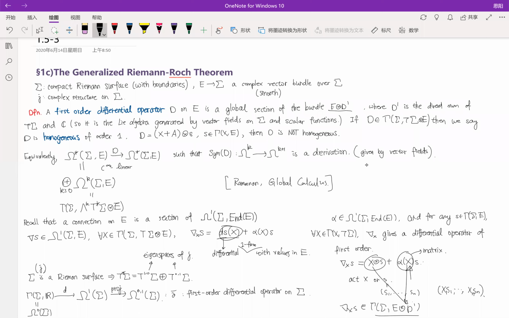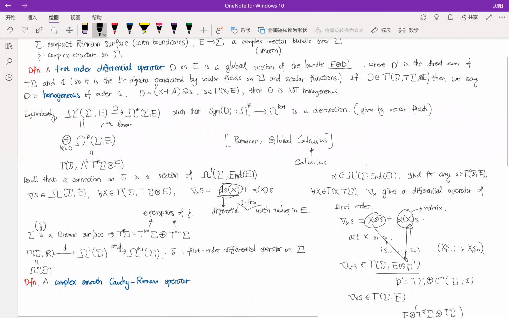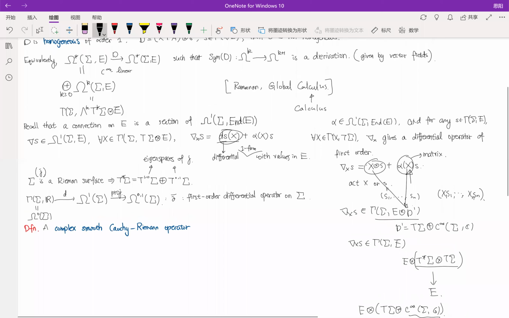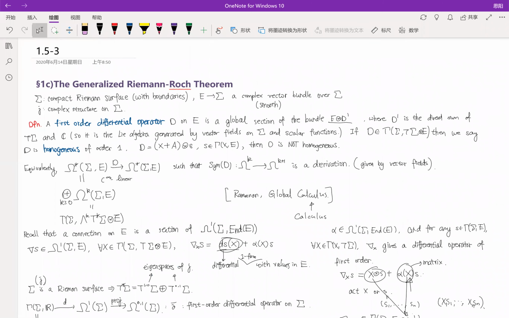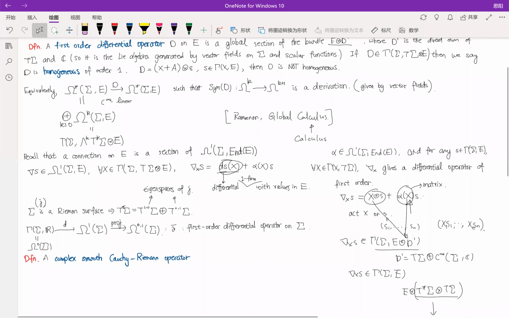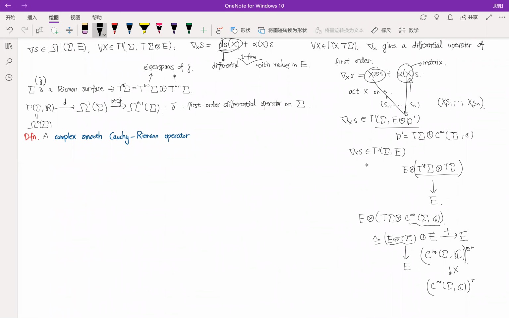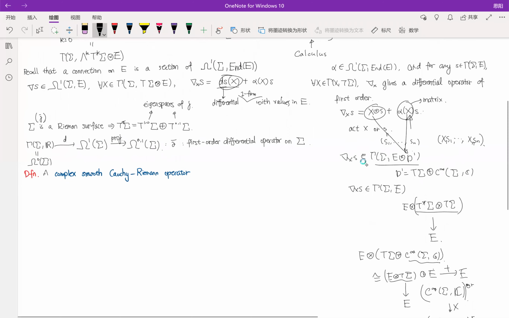It doesn't seem to be a very common definition of differential operators. Yes, it should be a very common definition. And this explains how the connection is a differential operator in a natural way.